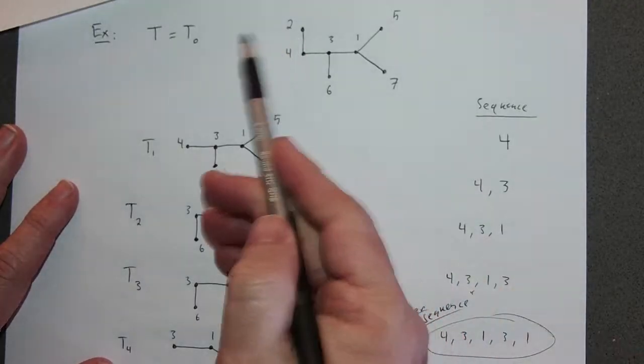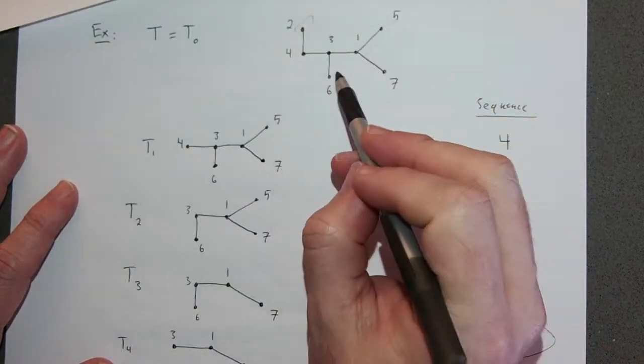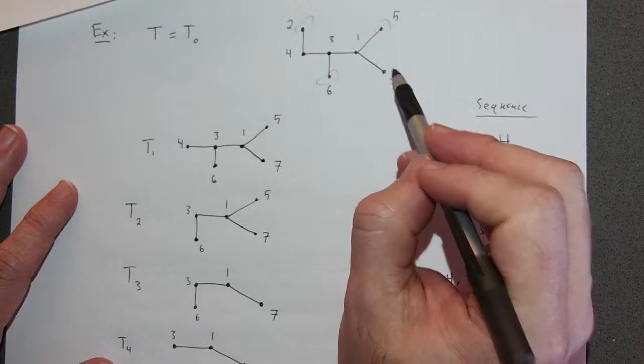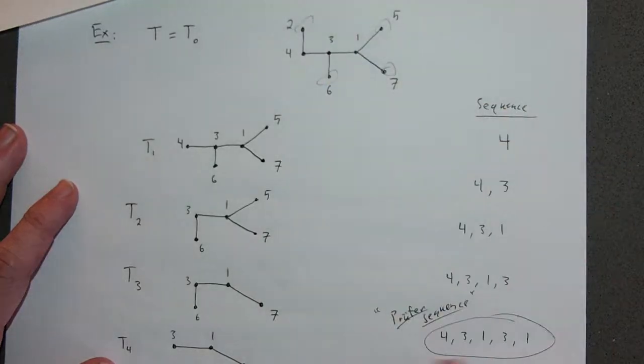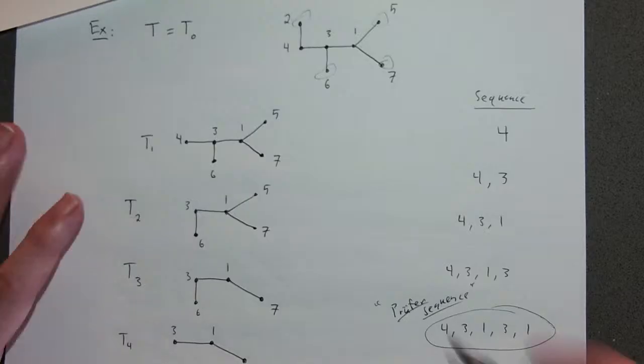Well, what are the leaves of the original tree? The leaves are vertices 2, 6, 5, 7. And none of those show up in this sequence. Is that a coincidence? Well, no.